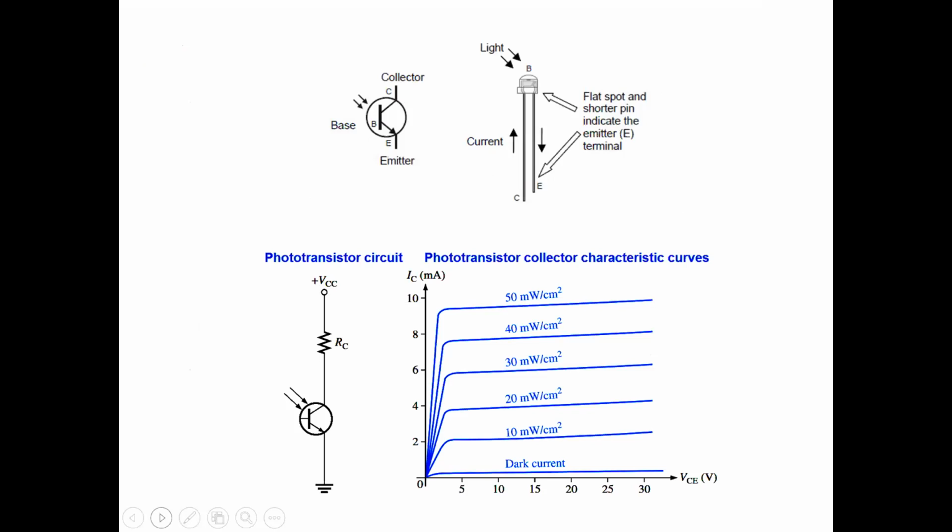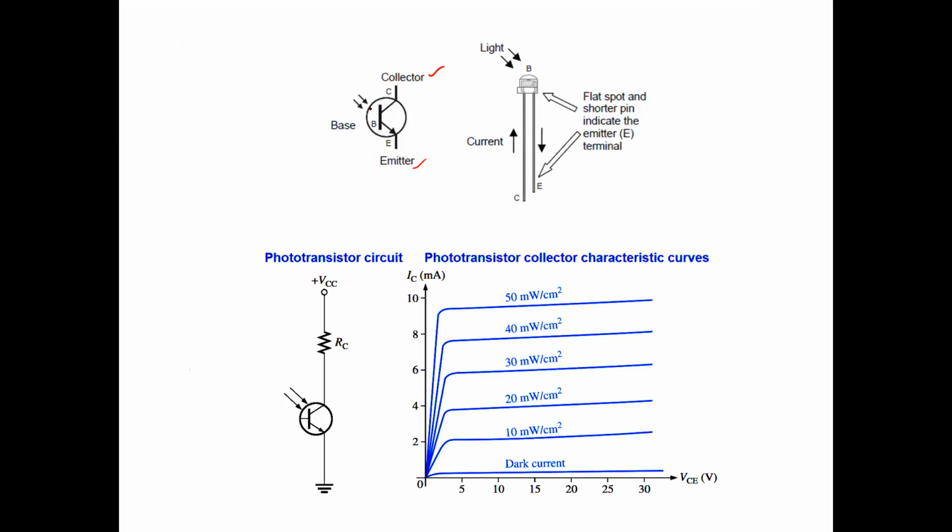However, in case of a bipolar junction transistor, you have a terminal from the base, so that is a 3-terminal device. In case of phototransistors, there are only 2 terminals for the collector and emitter, but the base is kept in such a way that there are no external terminals connected to it.